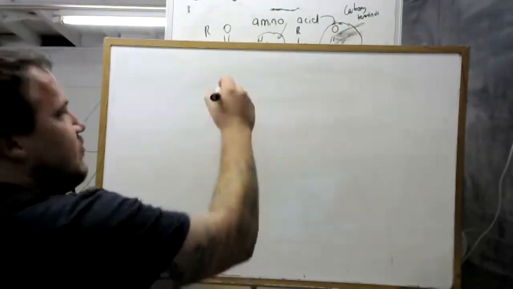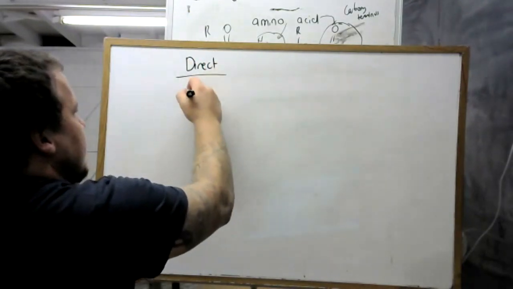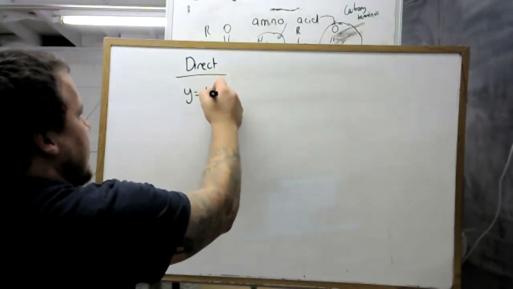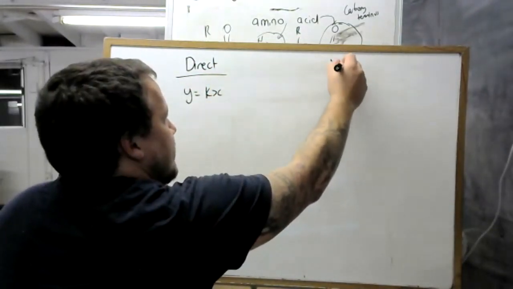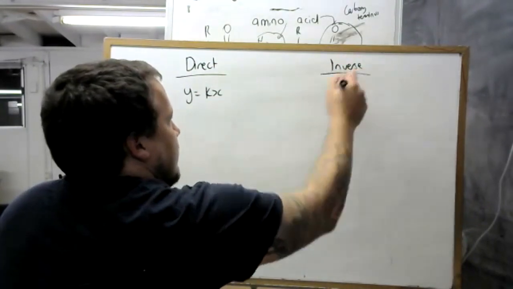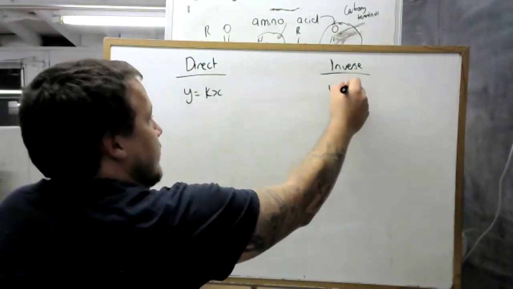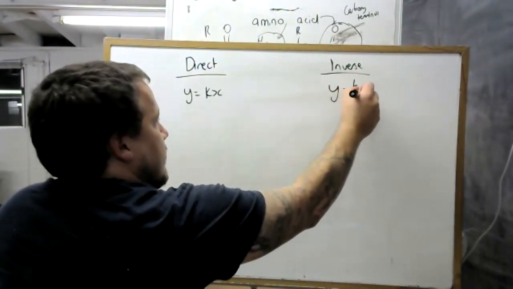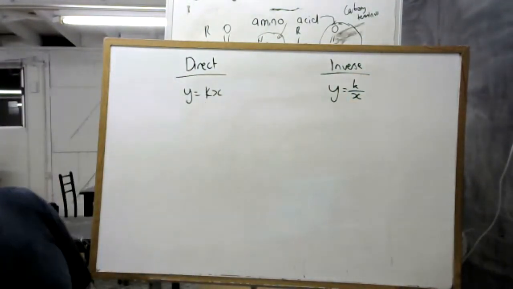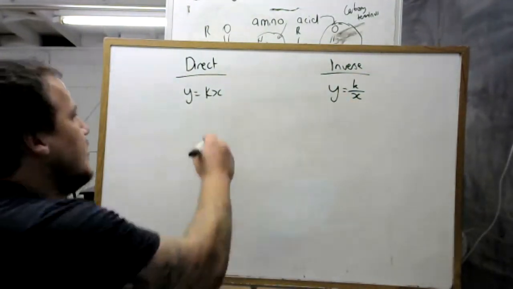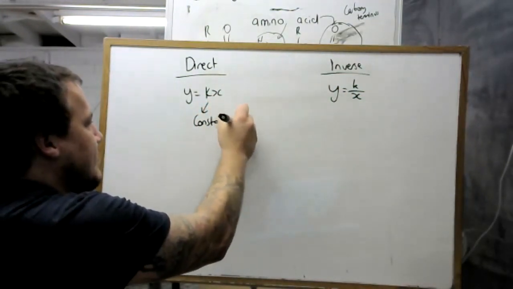So for direct, the formula is y equals kx. For inverse, it is y equals k over x. Same thing: the y value is the y value, the x value is the x value, and k is the constant of proportionality.